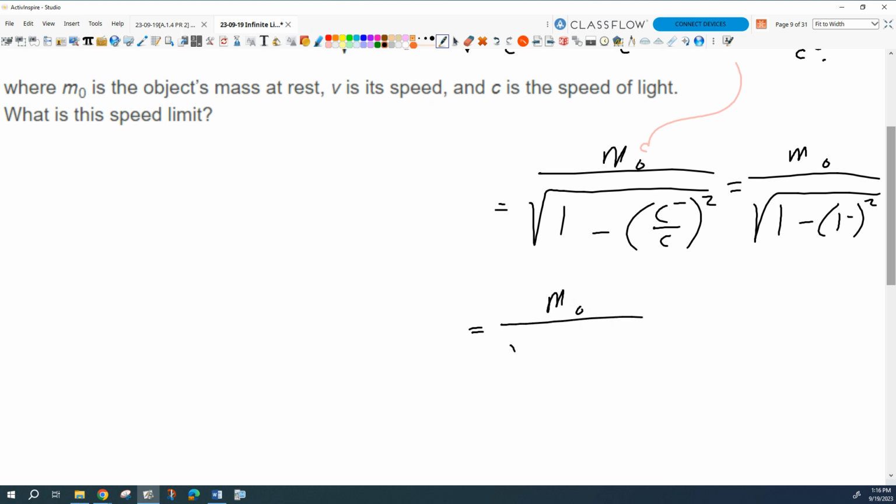Okay, so this is equal to m naught divided by the square root of 1 minus 1 minus something, what's that? 0. What's the square root of 0 plus? 0 plus, yeah.